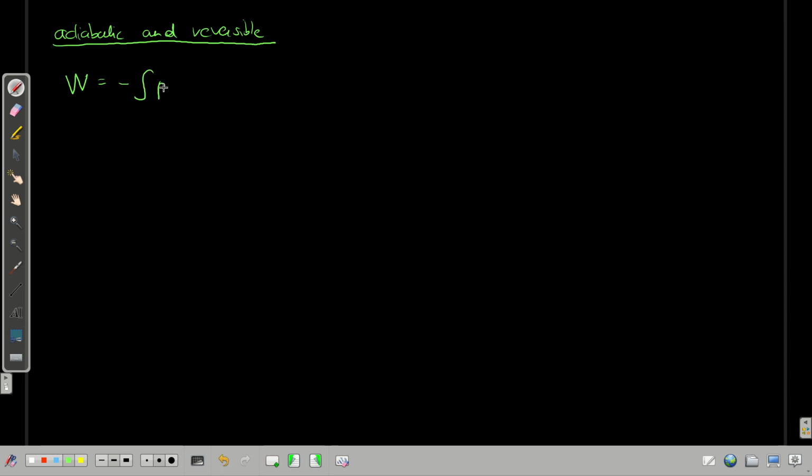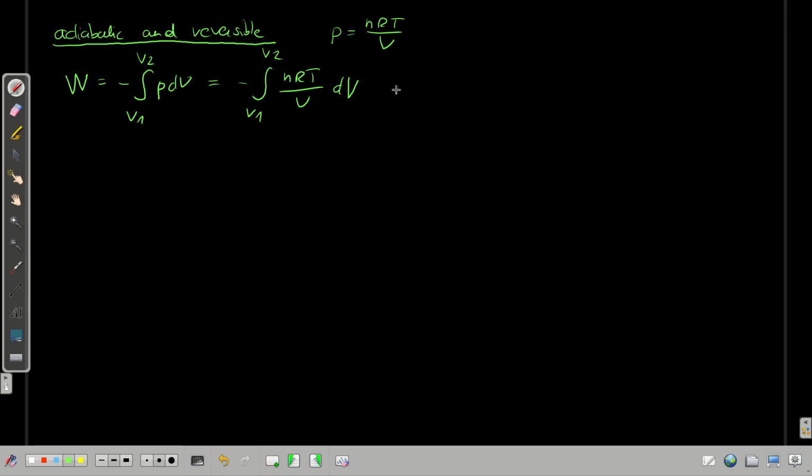So integral of minus p dV being evaluated between V1 and V2, and because we are dealing with the reversible case here, we can replace p again with nRT divided by V. This means minus the integral from V1 to V2 of nRT divided by V dV.